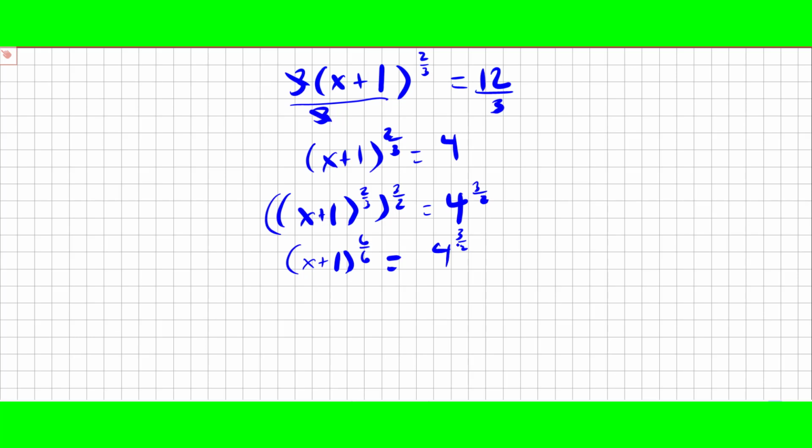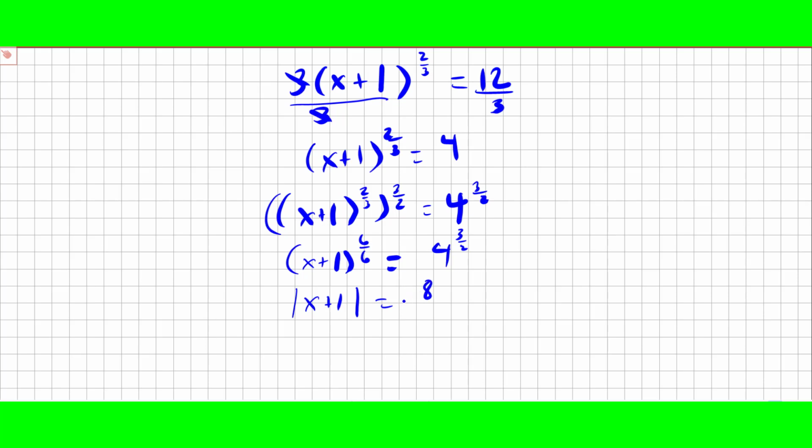That gives me the absolute value of x plus 1, because it's plus or minus, equals the square root of 4 cubed, which leaves us with 8.